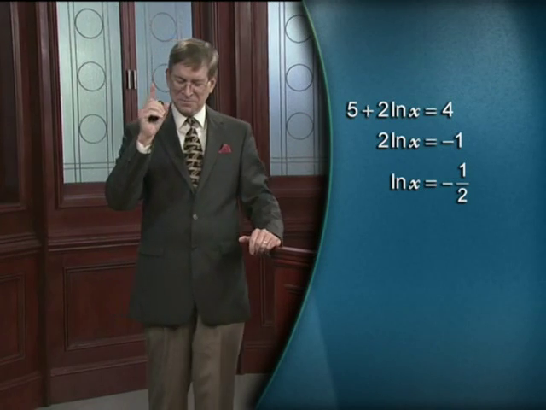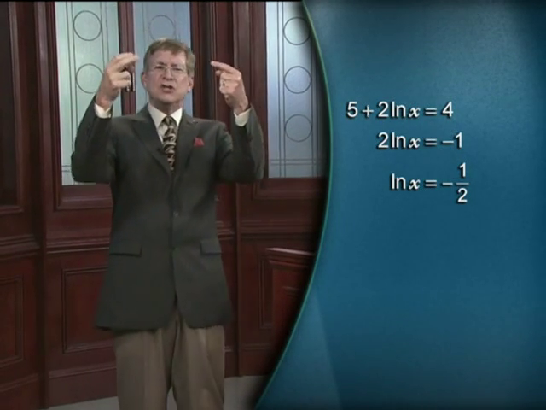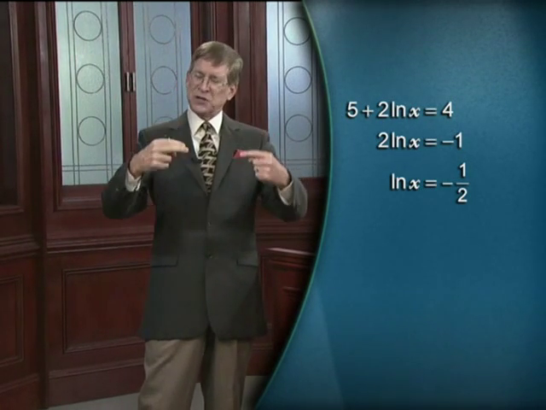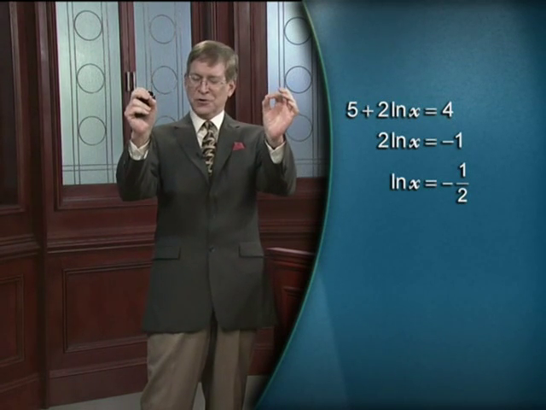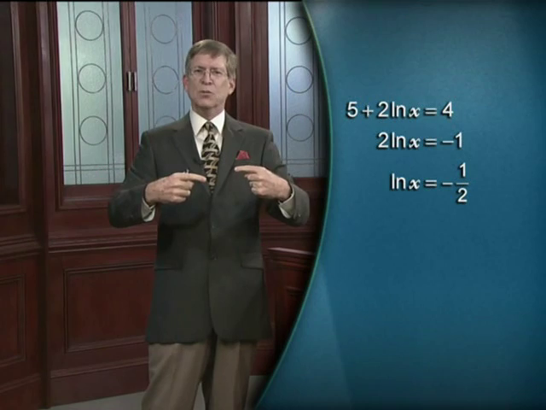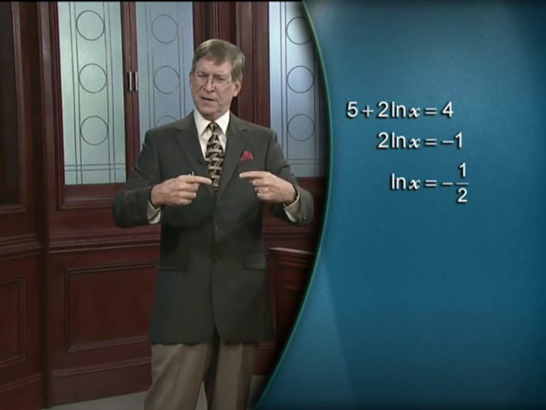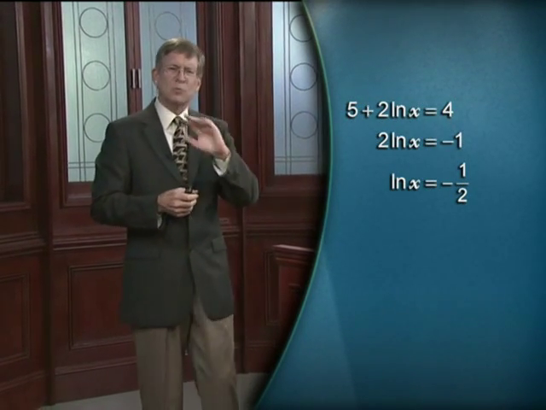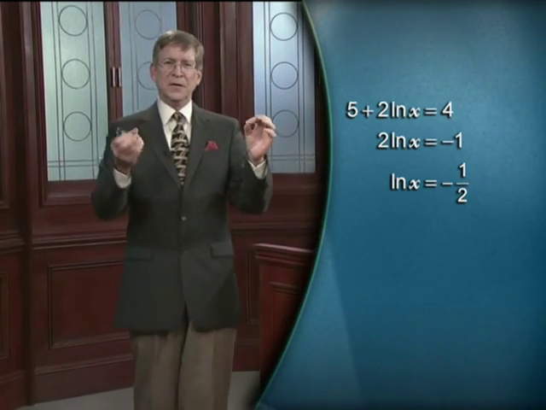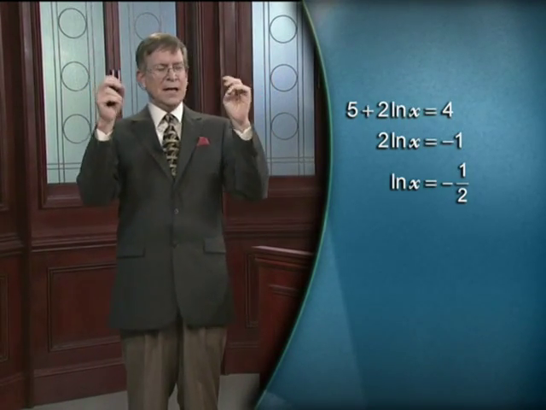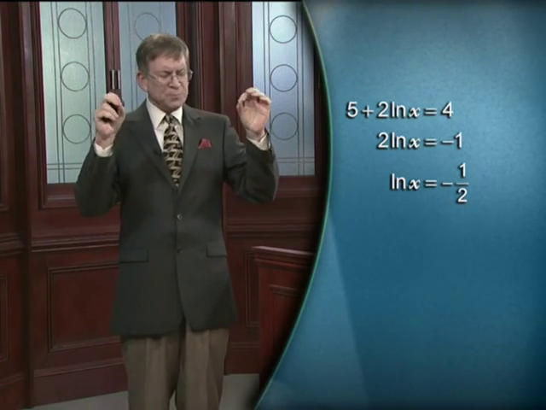Again, some of you will immediately jump to the equivalent exponential equation. When you see a log equation like that, you can immediately move to the corresponding exponential equation. But again, I'm not as comfortable with that as others. What I like to do is take the equation and raise both sides to e.